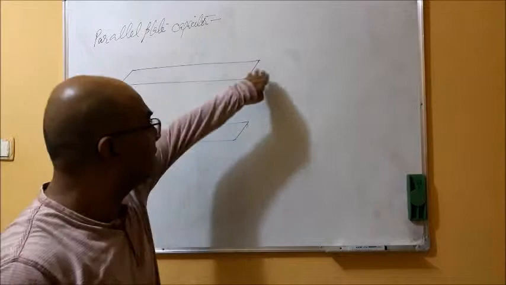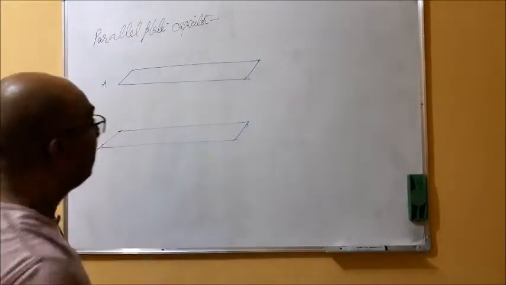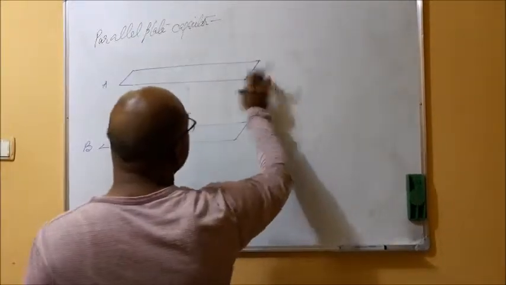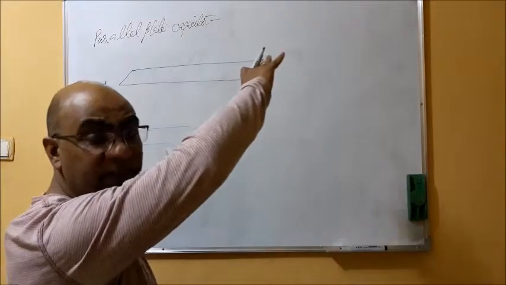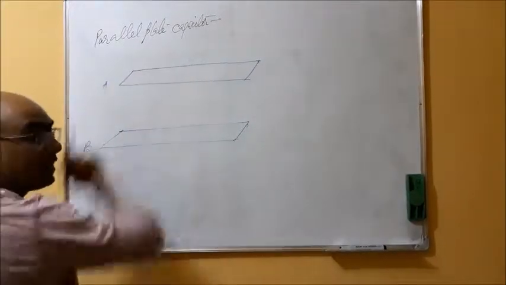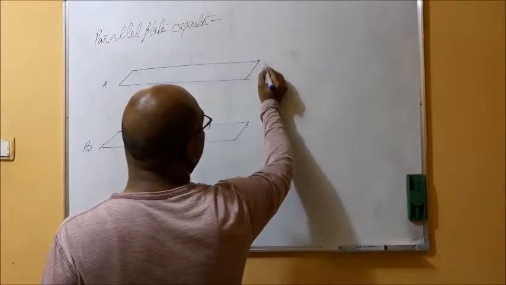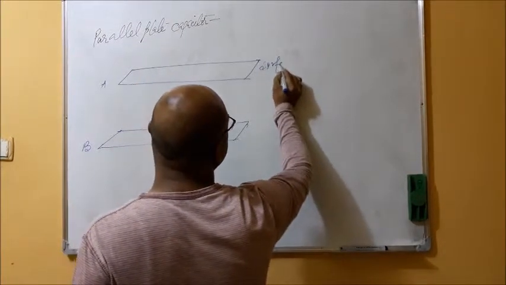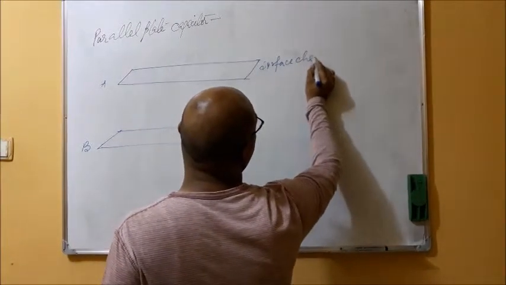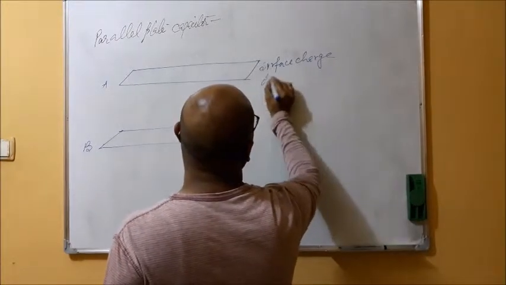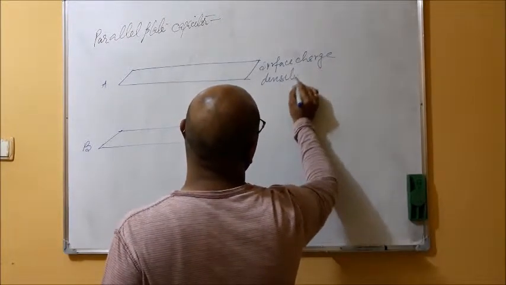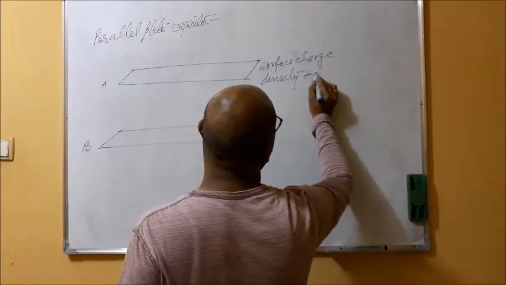So this is surface A, this is surface B, and since this is a two-dimensional figure, if I talk about this metal surface, a plate, I'll define its surface charge density as plus sigma.